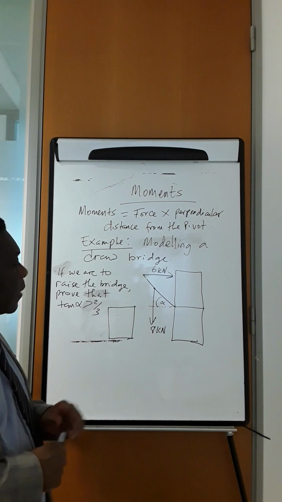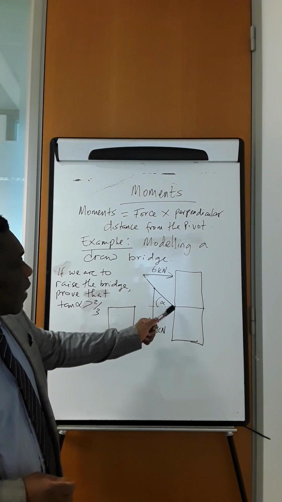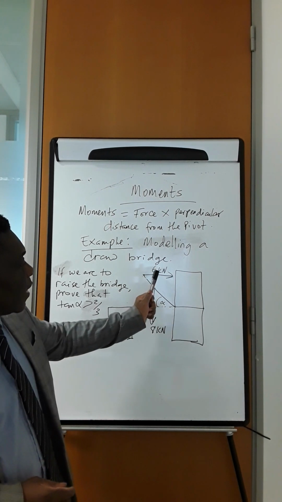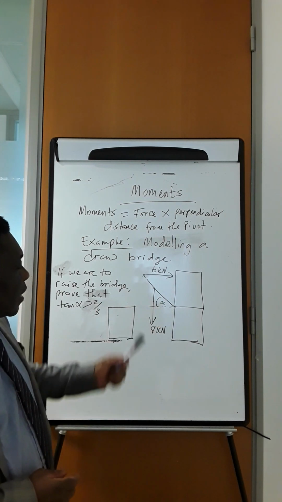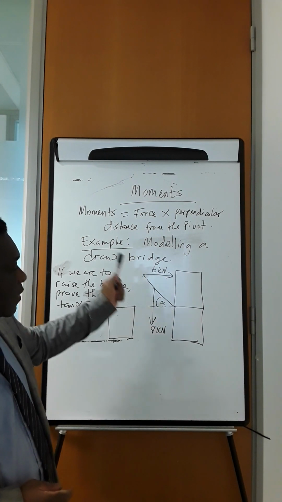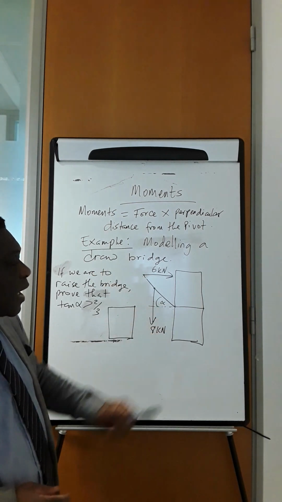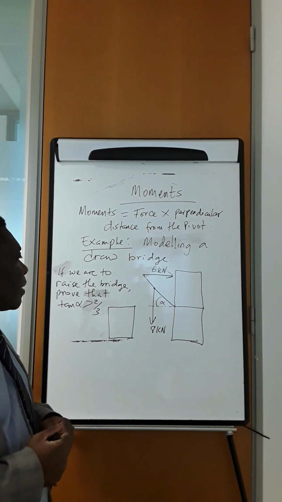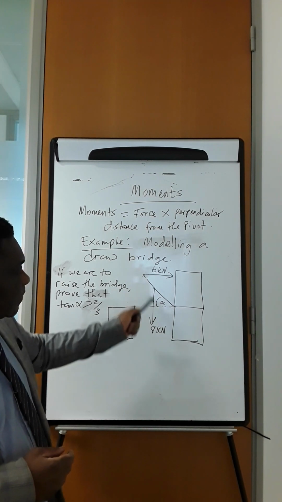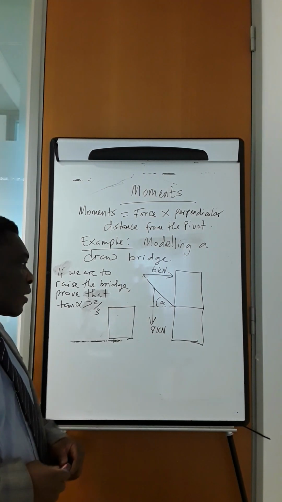We're going to work on moments. Now, this bridge is pulled up using a horizontal force. Now, it is assumed that the bridge is uniform in cross-section and material, and that the weight acts directly in the middle.